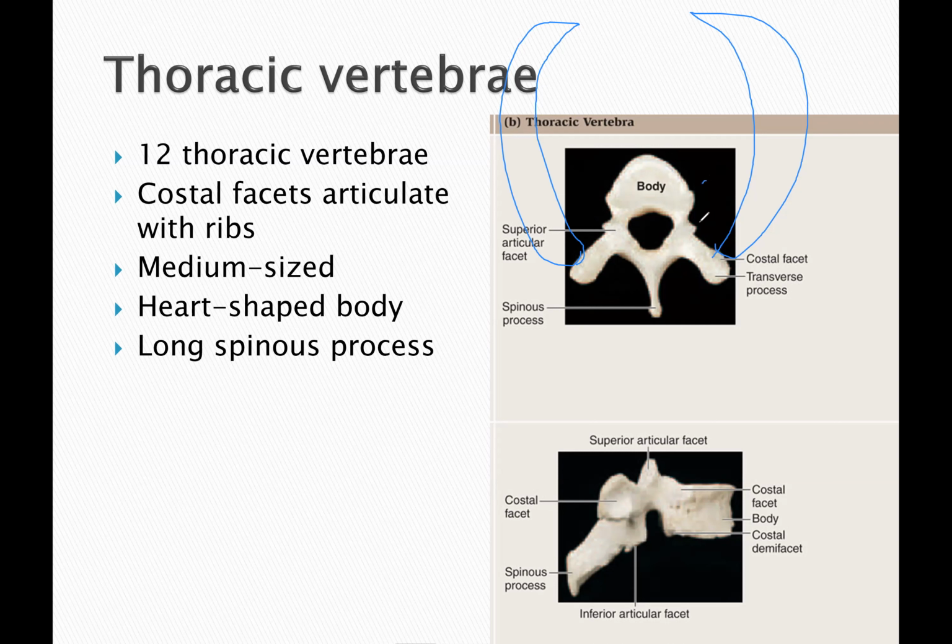And actually, to be very fair, what happens is that it goes like this. It bends a little bit.